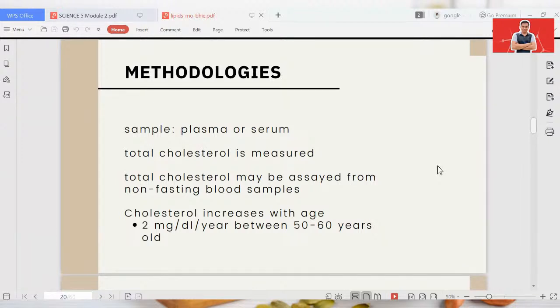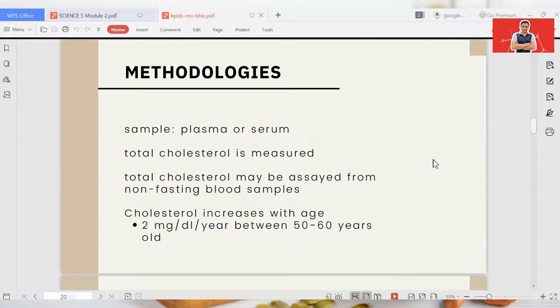And cholesterol increases with age, about 2 mg per dL per year between 50 years old to 60 years old. Typically, men tend to have higher levels of cholesterol than women because in men cholesterol increases as they age.